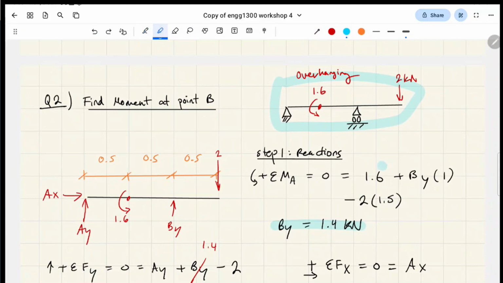Because it's a counterclockwise moment, we add on 1.6 to the sum of the moments. But if we took the sum of the moments about point B instead of point A, would we still add on 1.6 or would we subtract 1.6? You still add it on. So this is a point moment that affects every point when we're taking the support reactions.